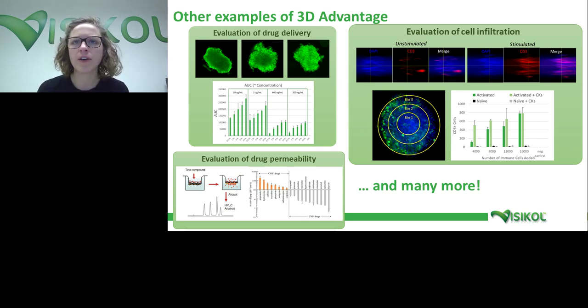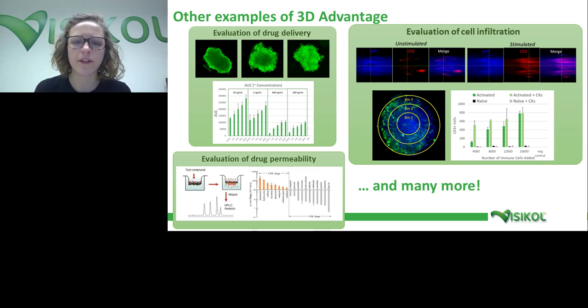If you're looking at evaluating drug delivery approaches, how well a therapeutic can penetrate a solid tissue, of course you need some sort of solid tissue in order to evaluate. You can't just treat a monolayer of cells. So here I have a couple images on the top left of a spheroid model that we've used to evaluate drug delivery in a 3D cell culture model.